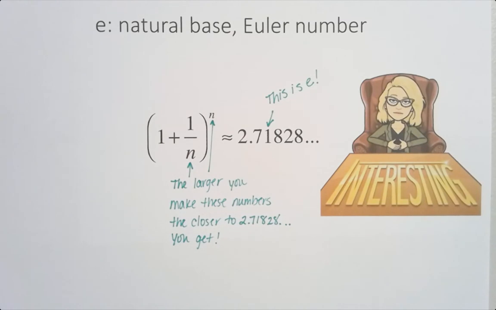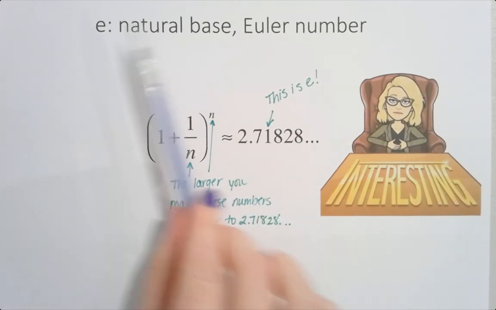But I can already tell you what happens because Leonhard Euler was nice enough to do it thousands and thousands of times over and prove this for us, to say that this value will get closer and closer to this number, 2.71828. And this is now known as the value of E. So this is all represented with the letter E. So E is a natural base.